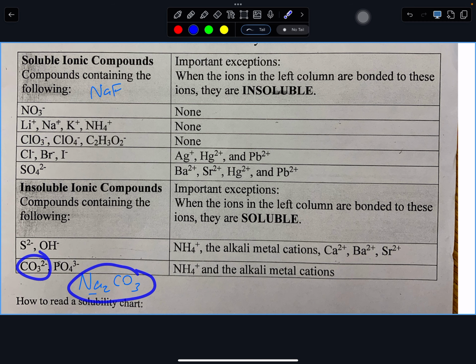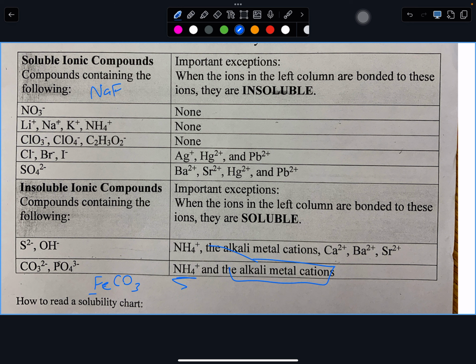CO3 is insoluble, that means solid, but it's bonded to an alkali metal, so that makes it soluble. So this is actually aqueous. But if I had a different compound, like iron, is iron an alkali metal? Is iron NH4? No, so it's not any of the exceptions, so it just stays insoluble, solid.